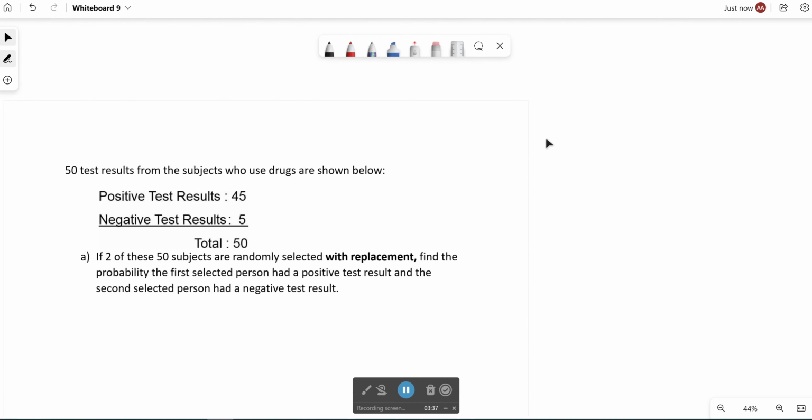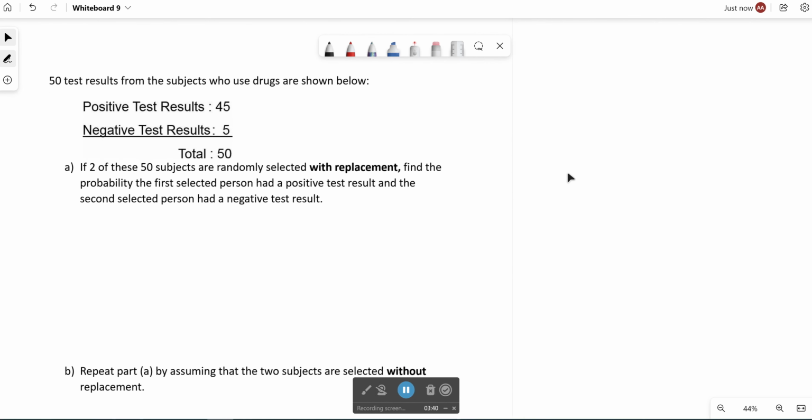So here we're given 50 test results from subjects who took drug tests. They all use drugs. So 45 of the 50 subjects tested positive, whereas 5 tested negative.